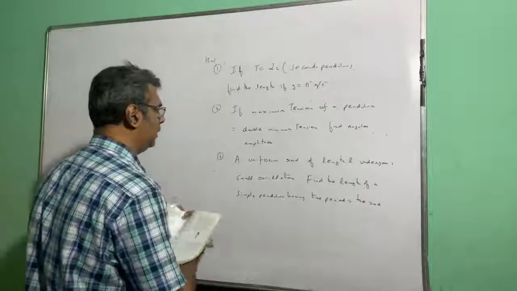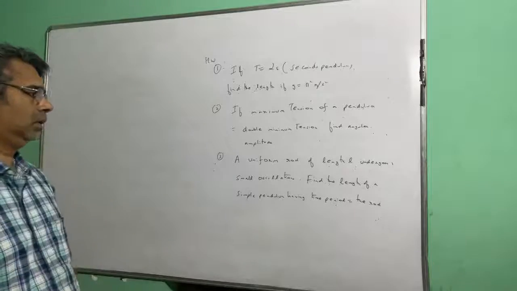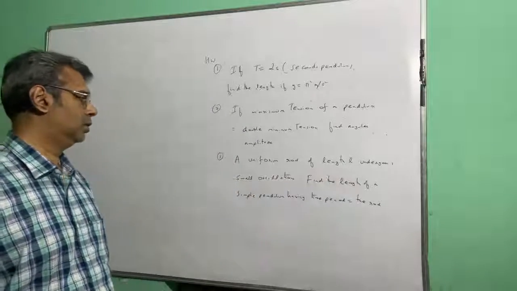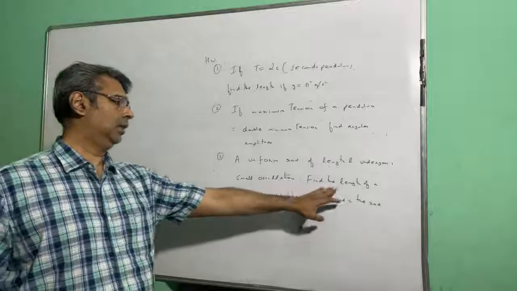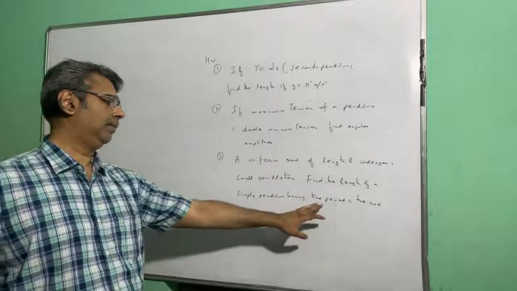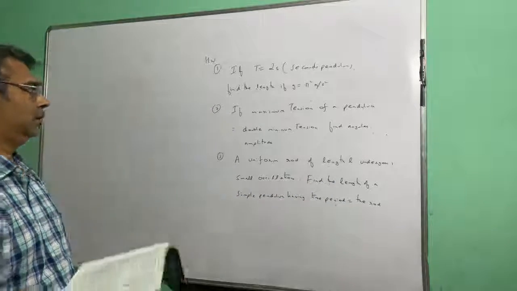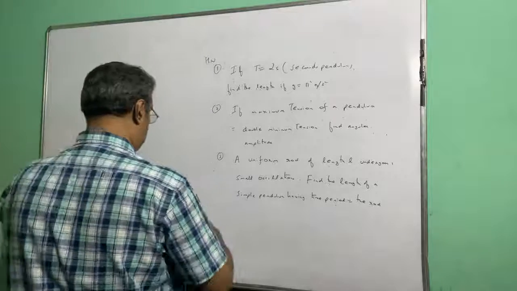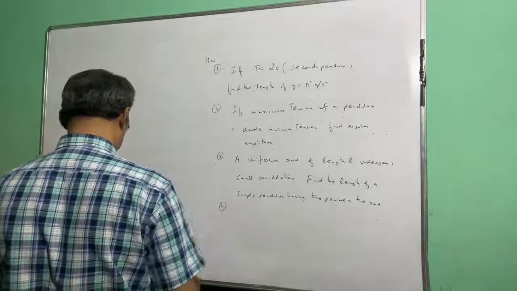Question number 3: a uniform rod of length L undergoes small oscillations. Find the length of a simple pendulum having the same time period as the rod.